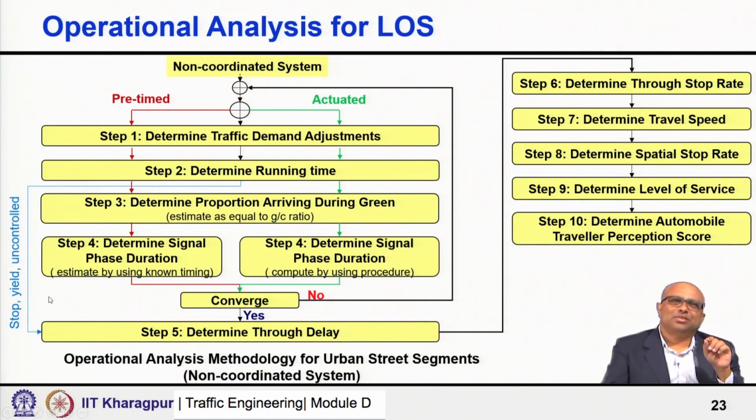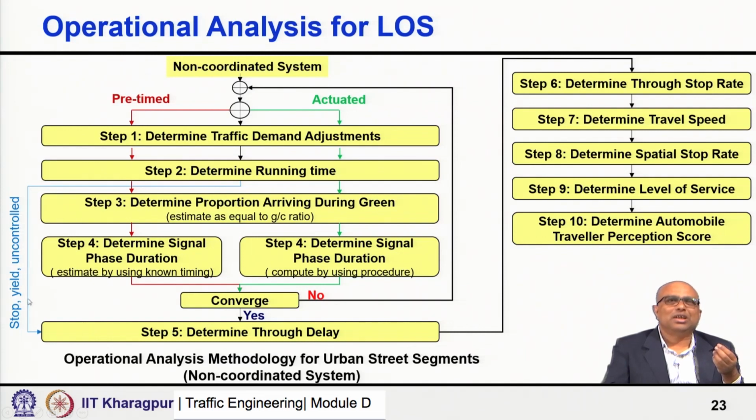Since it is a non-coordinated system, the intersection could be stop controlled, yield controlled or even uncontrolled. In that case, determining the proportion arriving during green and the phase determination need not be done.